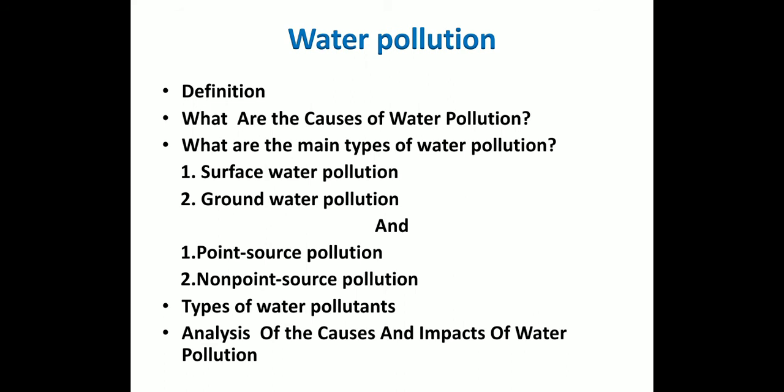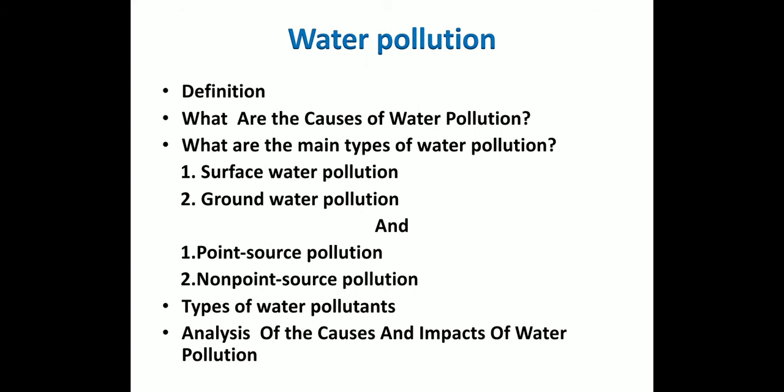Then the last point we have discussed in water pollution is analysis of the causes and impact of water pollution. Means main causes for water pollution and impacts of water pollution.